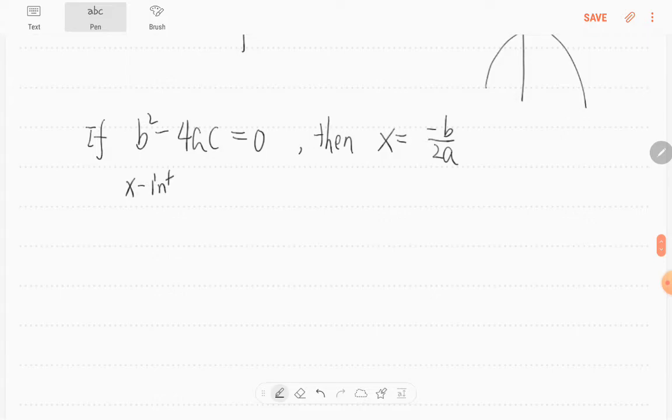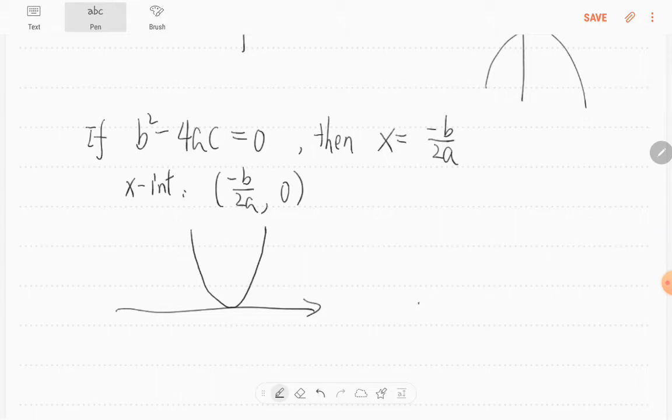The x-intercept is (negative b over 2a, 0). So from the graph, it will look like this one. The parabola touches the x-axis at one point, right?